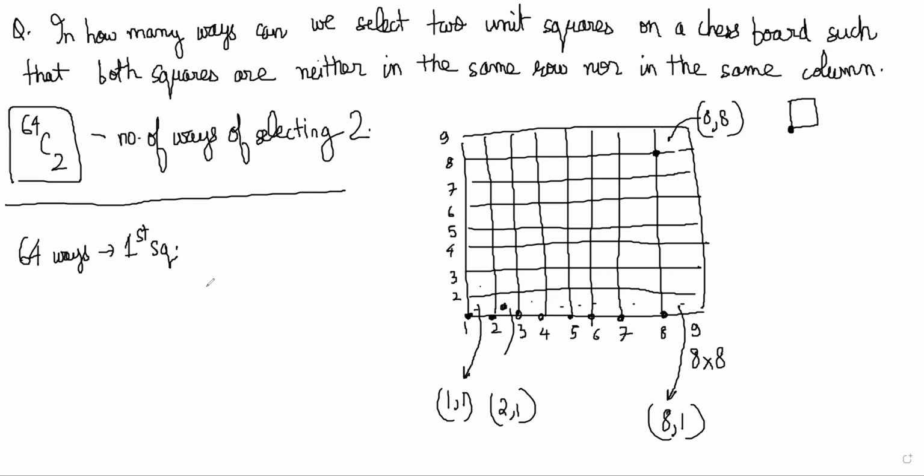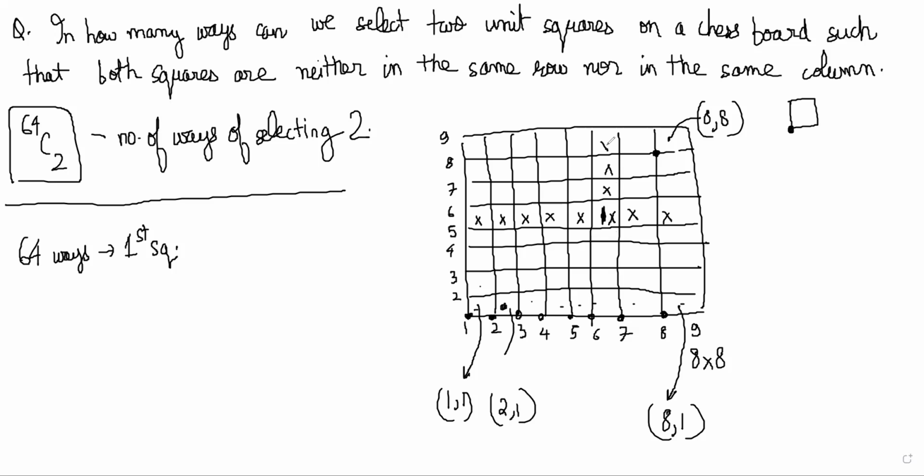Suppose I put the first square here. The second cannot be in this row and cannot be in this column, so I have to exclude this, and this itself, obviously.